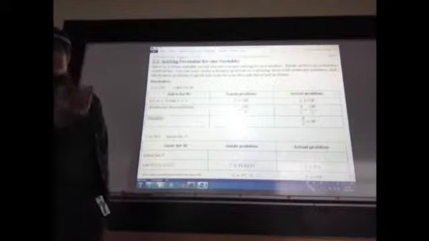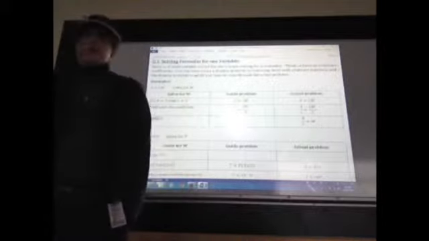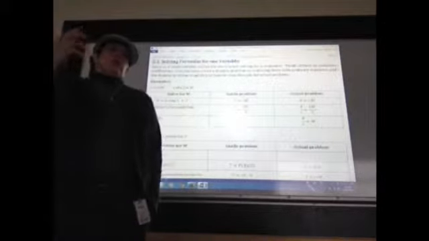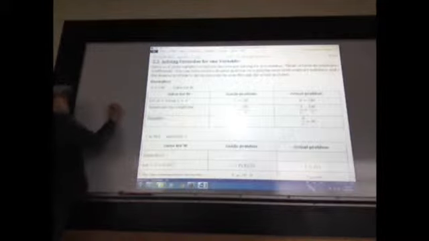This comes up in electronics, and the first formula you get is Ohm's law, which is V equals I times R, which is voltage equals current times resistance.